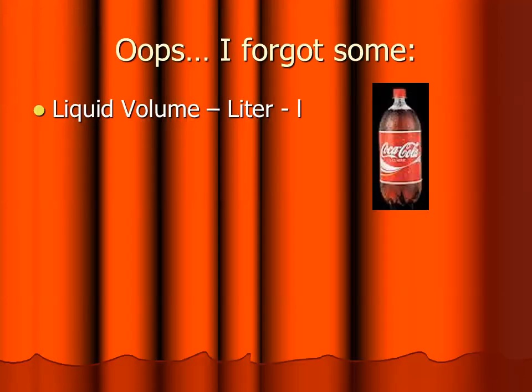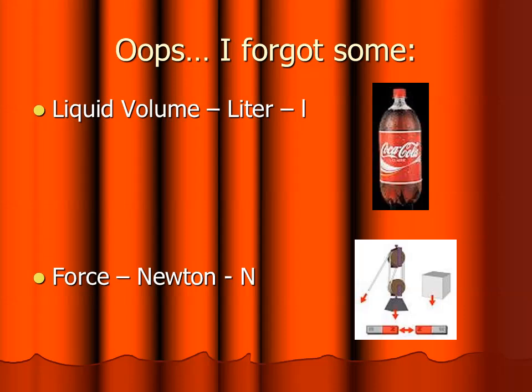So a couple more that we need to add on to this list that I forgot about in that other list. So one really, really important one that we're going to use a lot is liquid volume, and that's basically how much space does that liquid take up. And as we talked about before, that is liters, and the abbreviation for that is L. And another one that we're going to talk about quite a bit in class is force.